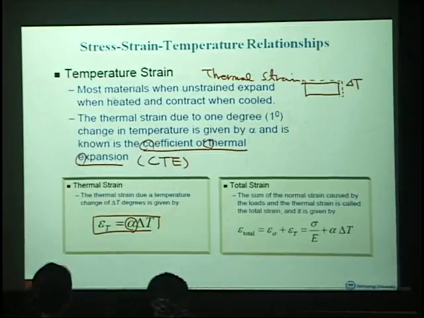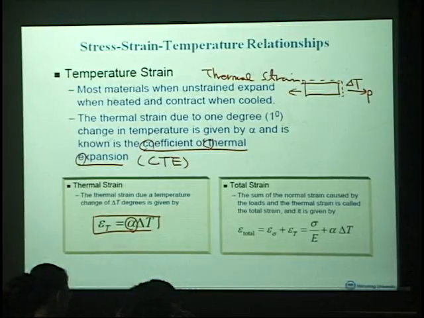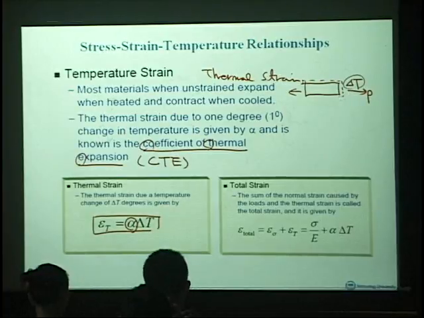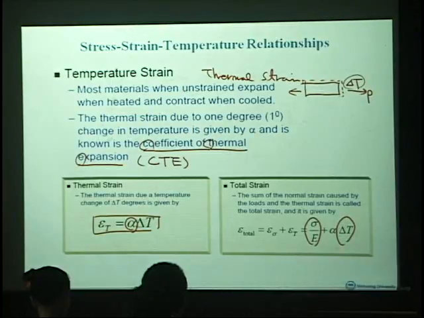So whenever this bar is subject to a force P, and this material is also subject to a delta T, then this bar will expand because of this stress, sigma, and it will also expand because of this temperature.